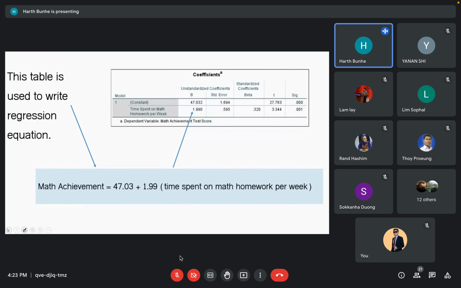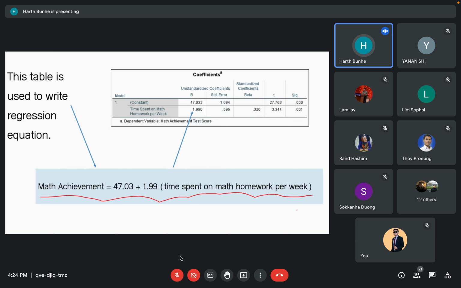Here it is called a linear equation that you will write: math achievement equals 47.03, here's the number, plus the coefficient here with time spent on homework per week.